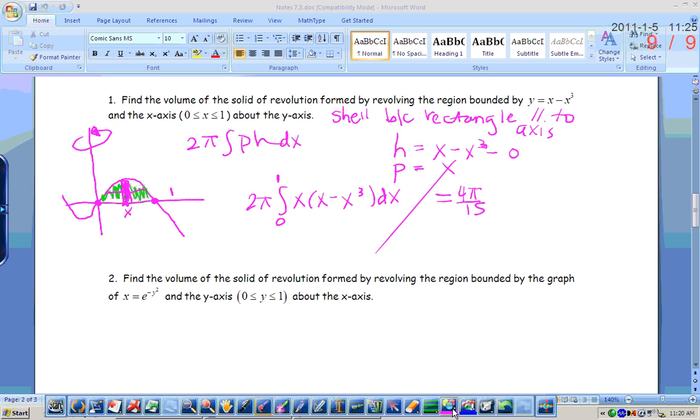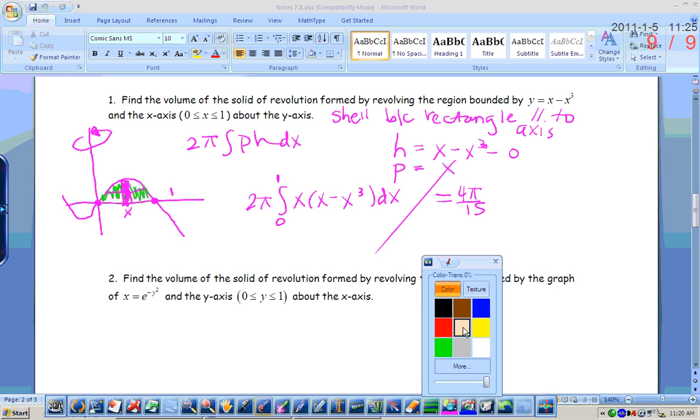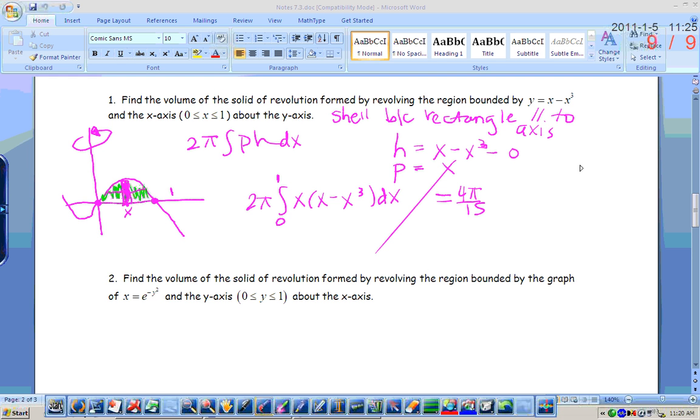Okay, just for fun, I'm going to show you how p changes if we change our axis of revolution. Let's say that I want to revolve around x equals negative 2.